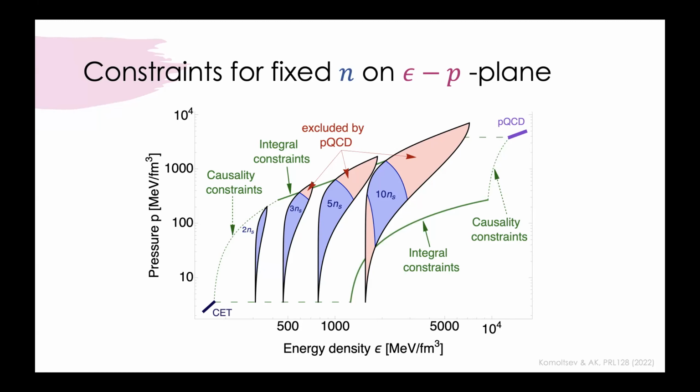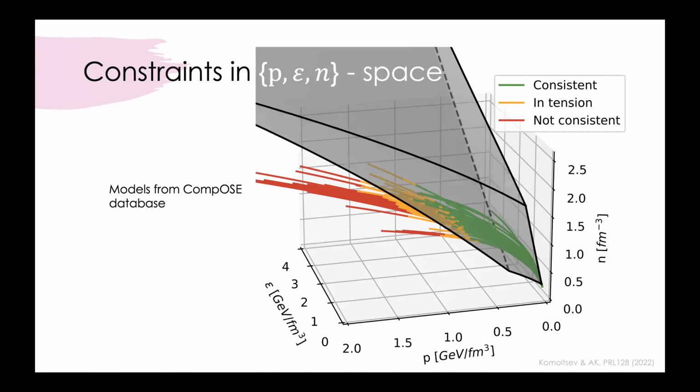You can of course ask if these equations of state that we are excluding are somehow completely out there, so crazy that nobody would have ever suggested something like that. And in order to see if that's the case, Oleg went and downloaded these equations from the CompOSE database and checked whether or not they are consistent with the perturbative QCD limit.